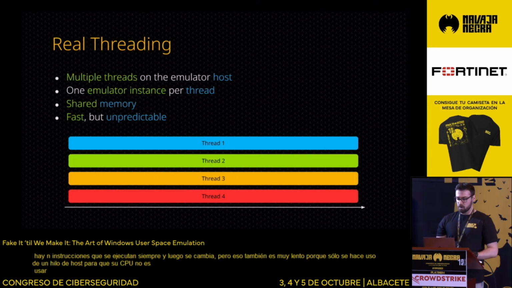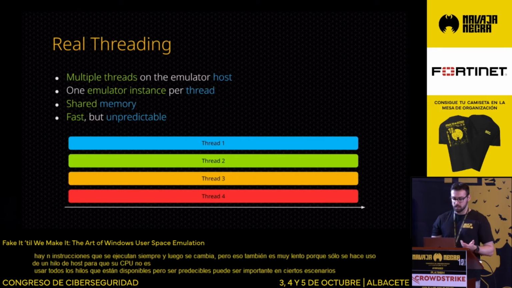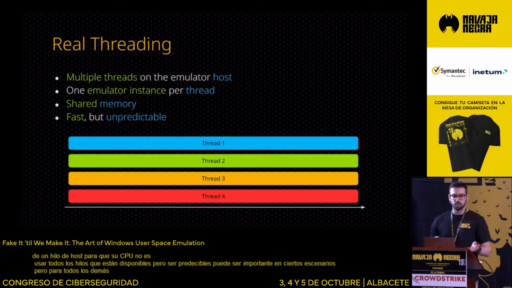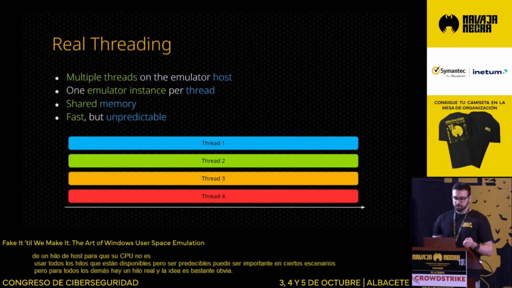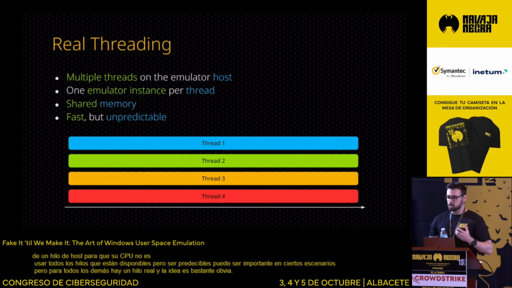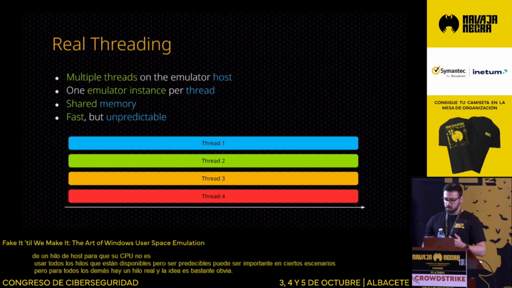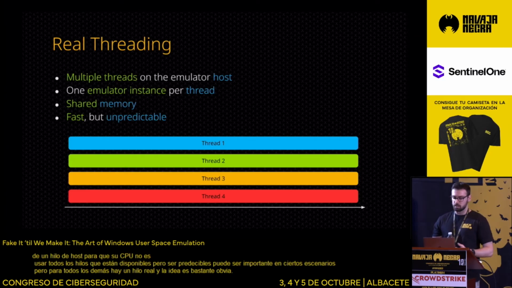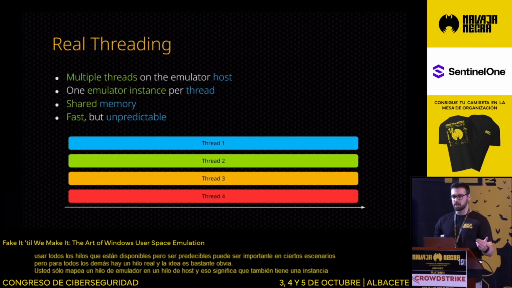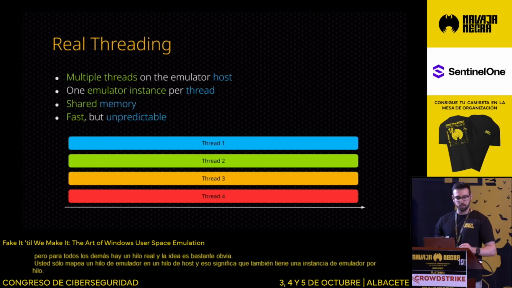But for all the other ones, there's real threading, and the idea is quite obvious. You just map one emulator thread onto one host thread, which means you also have one emulator instance per thread. So every thread has its own emulator, its own CPU context. The only issue is that you need to somehow share the memory, because a memory access in one thread has to be reflected in the other one.